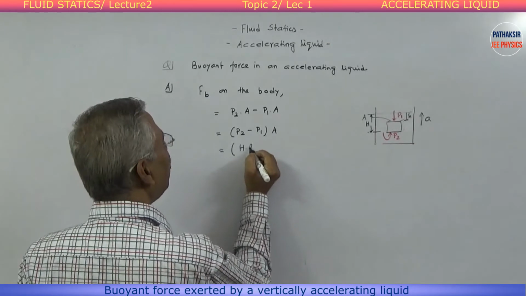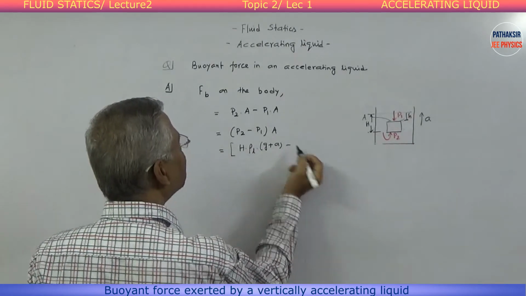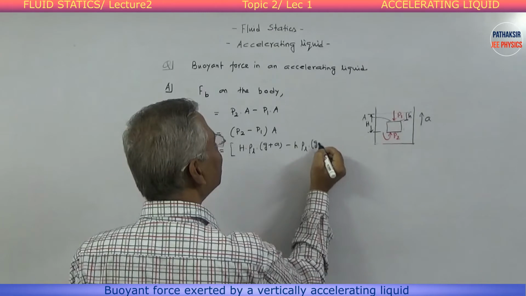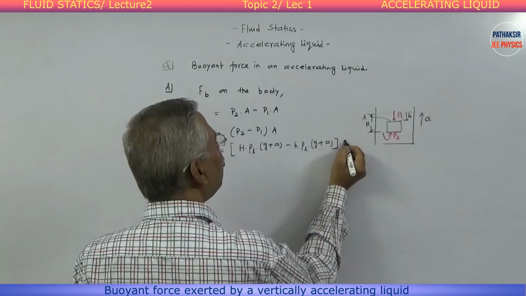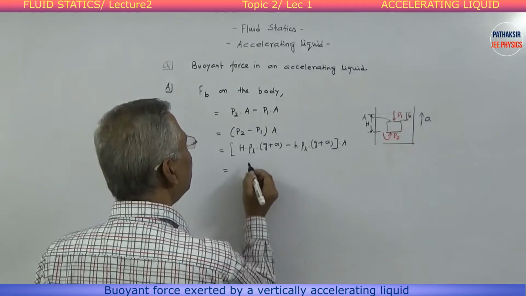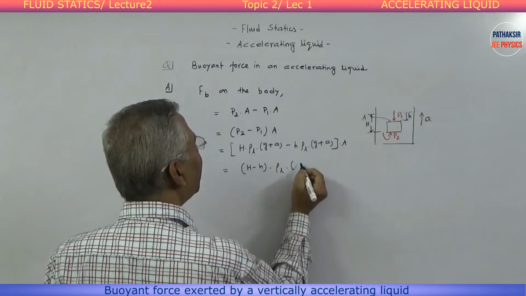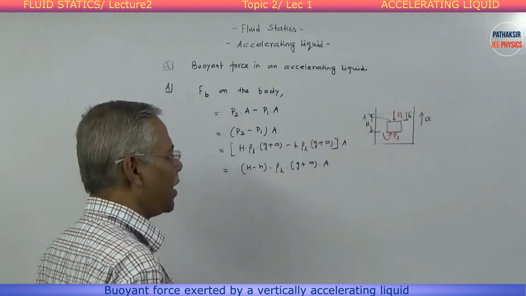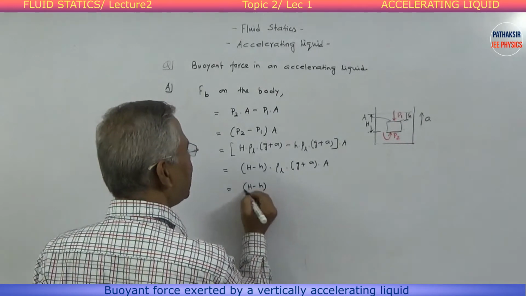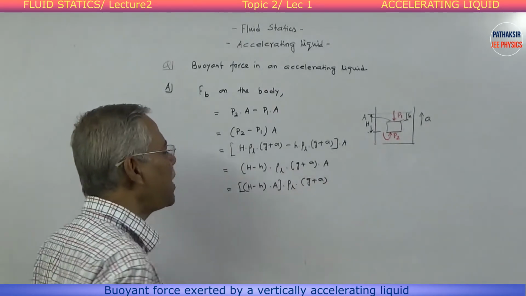H into rho L into g plus a, minus P1, small h into rho L into g plus a, equals H minus h into rho L into g plus a, into A.